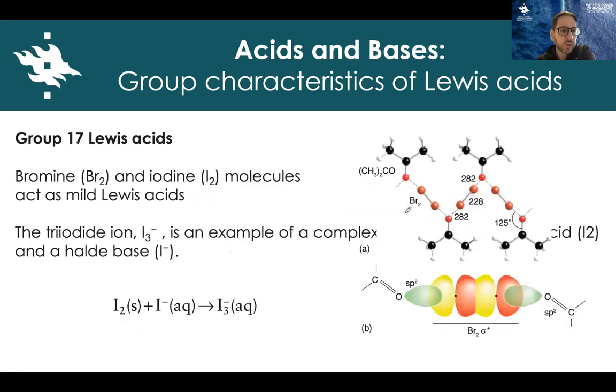When we go to group 17, bromine and iodine act as mild Lewis acids. The triiodide ion is an example of a complex between the molecule and the halide base, for example.